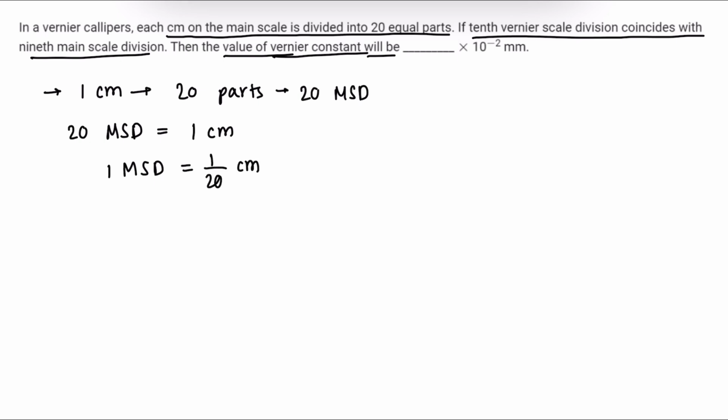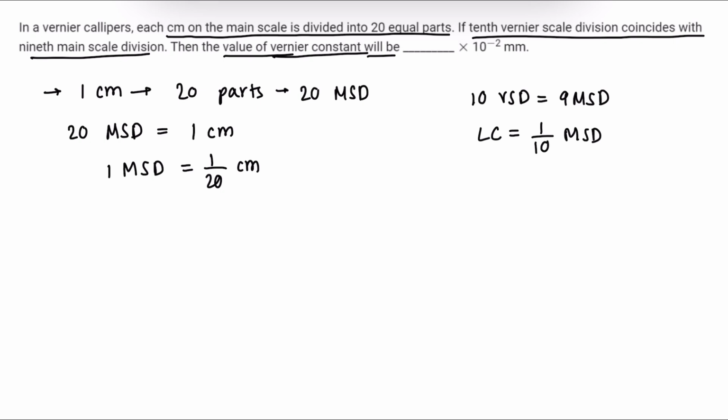And they told us that 10 VSD is equal to 9 MSD, the usual. From this, we can obviously say that the least count is 1/10 MSD.